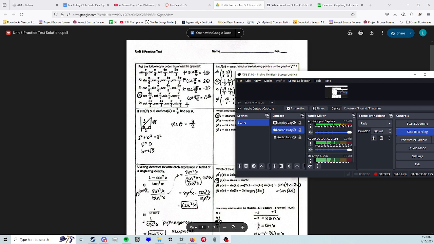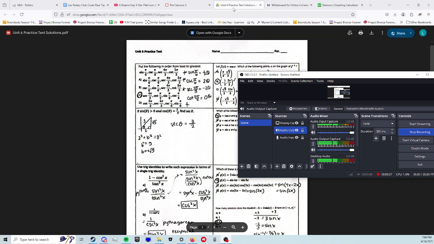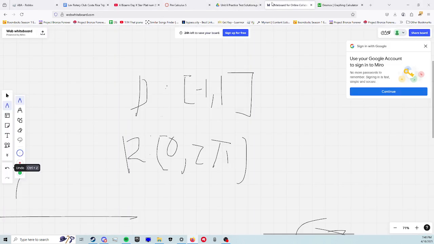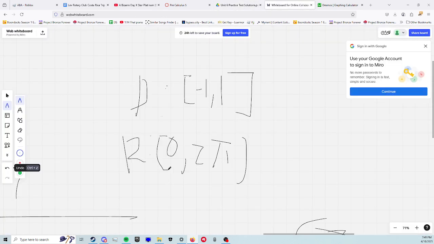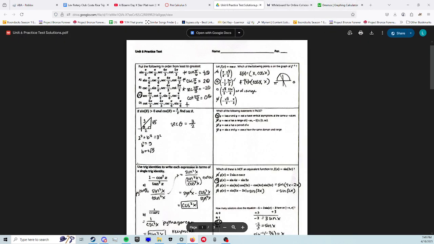So we know A and C aren't it, and is D out of the range? What is our range? Our range is 0 to 2 pi. That's out of the range, not on the graph, can't be it. Okay, so we know B is the answer by process of elimination, or you could technically graph it, but I just don't have the means to do that right now.